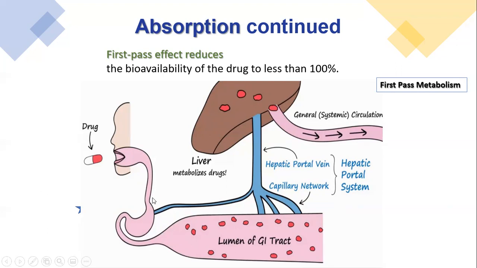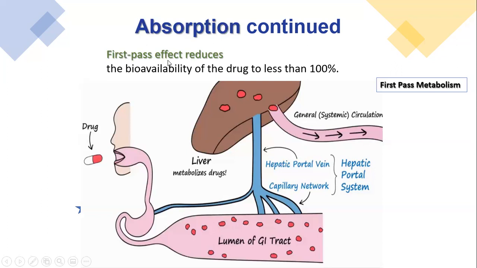But with medication, it goes through the esophagus and the stomach, then through the portal circulation, entering the liver, because the liver is the destination for chemical reactions we call metabolism. Then it goes to systemic circulation. This system is called the hepatic portal system.